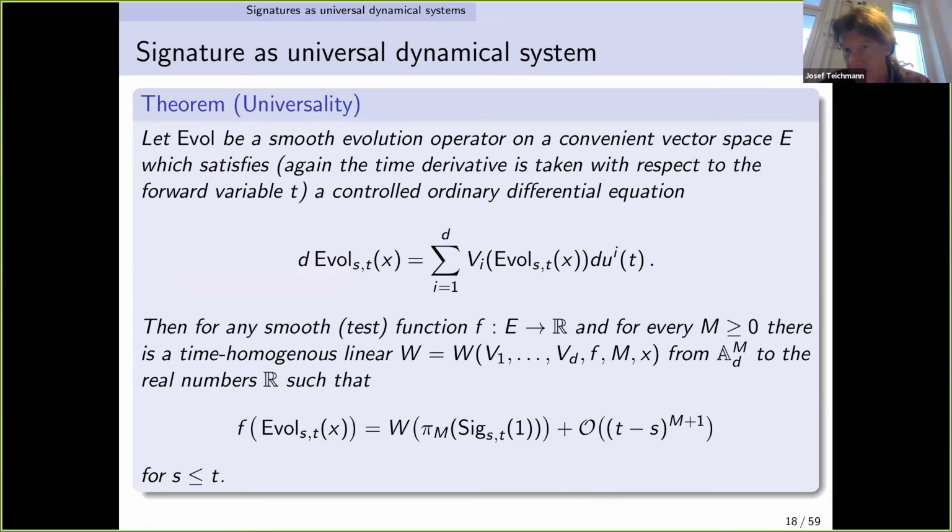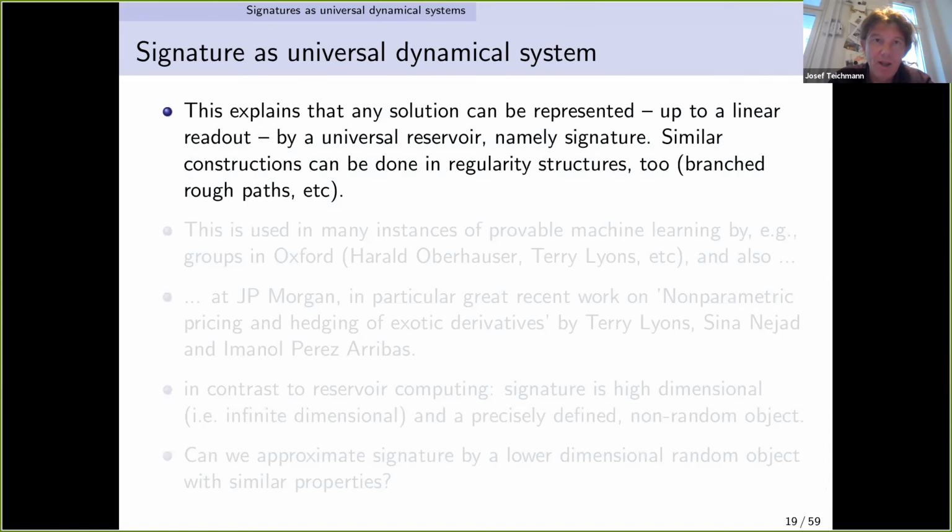If one has additionally ergodicity properties of the evolution of this dynamical system, one can get global estimates, which do not depend anymore on running time, but just on characteristics of the equation. Okay, so this is the universality here, but here it is only formulated in a local way. Signature is the most important object of rough analysis.